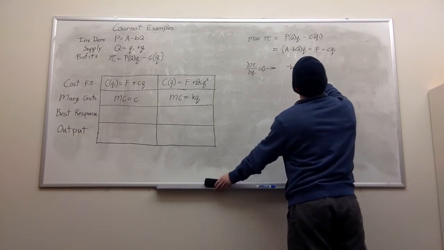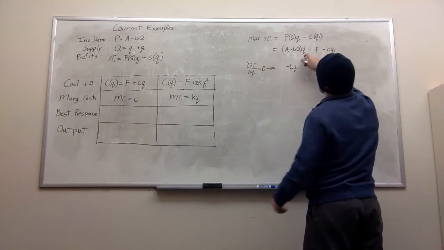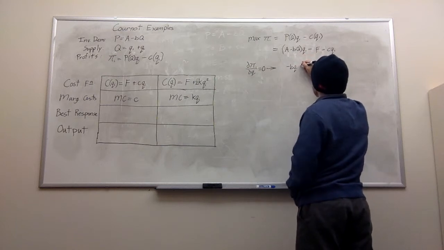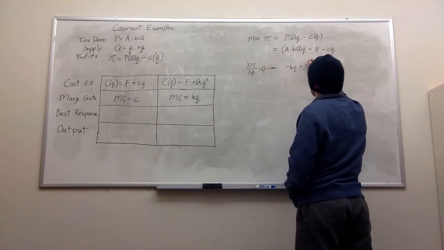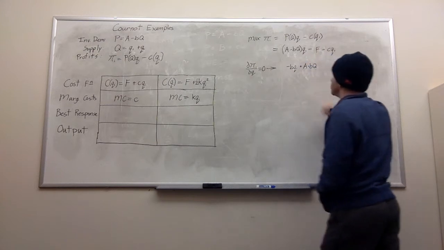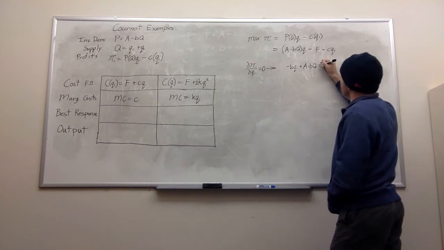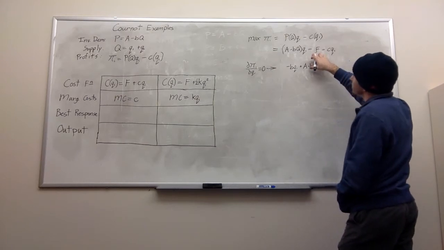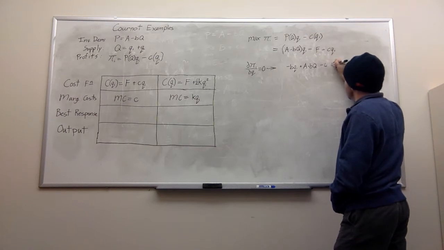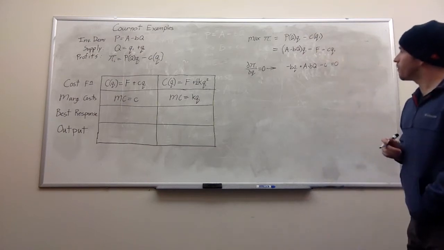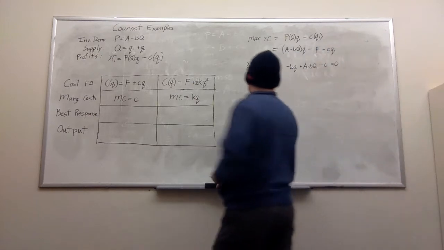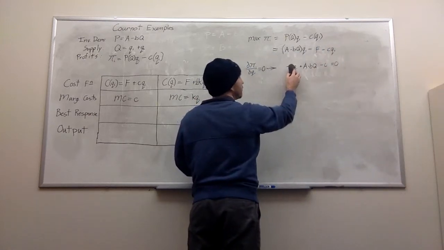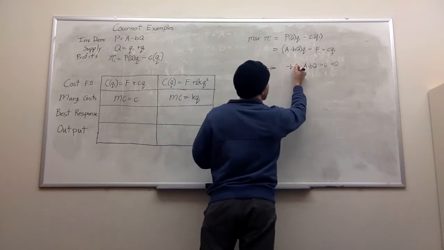And then this term times the derivative of that, finish our product rule, and that's plus a minus b big Q. And F does not have any q in it, so it is 0 in our derivative, and then minus c equals 0. So that is what we might call the first order condition for maximizing the firm's profit.